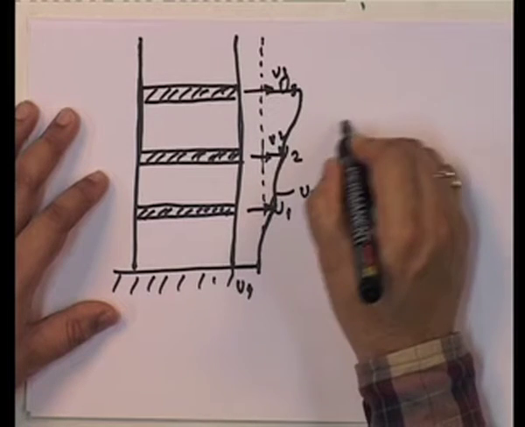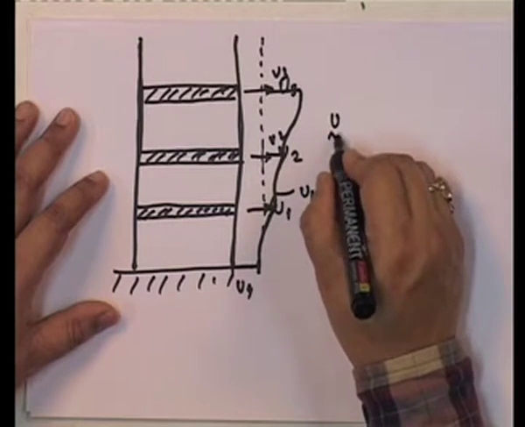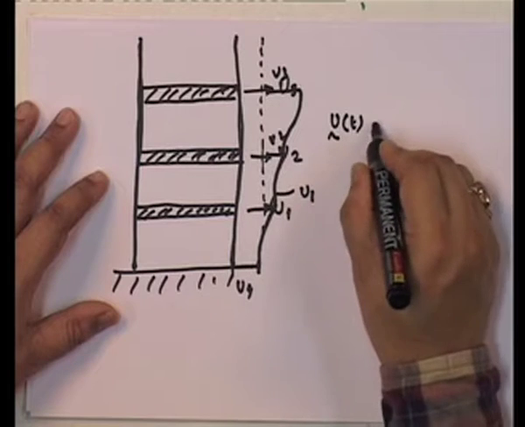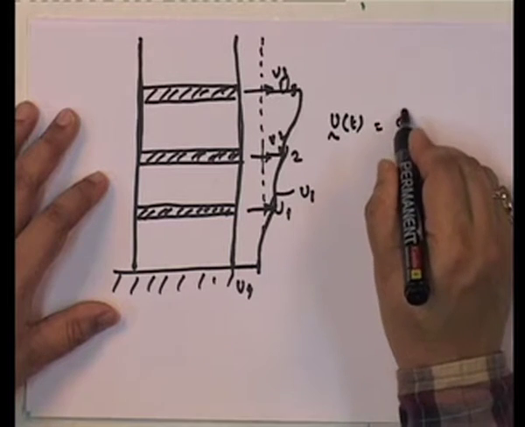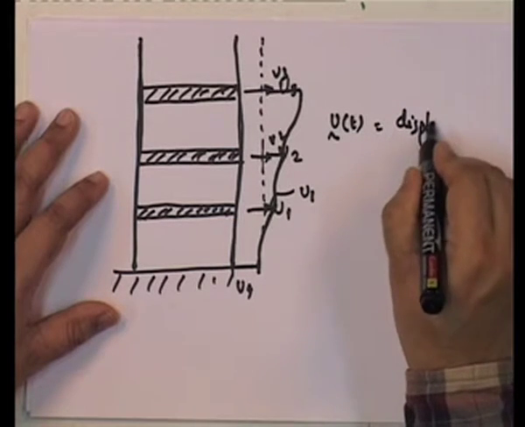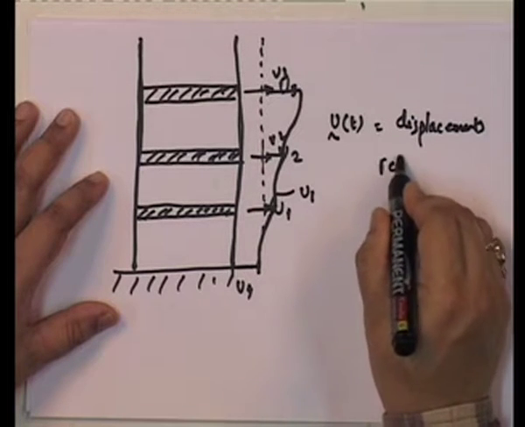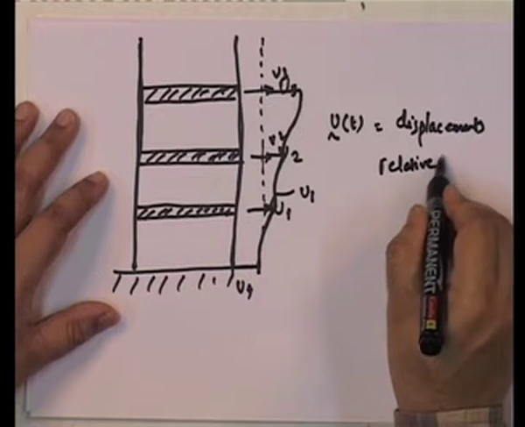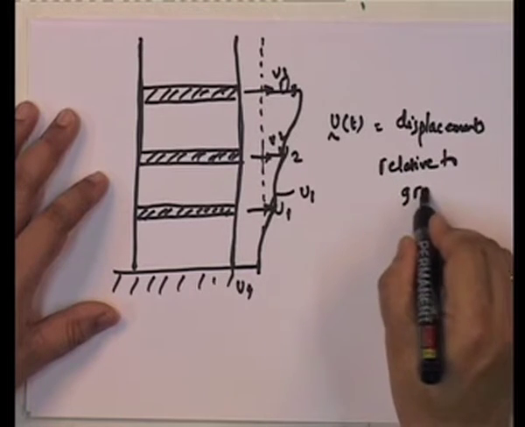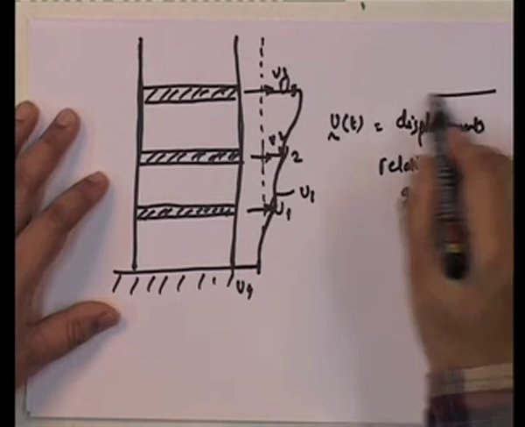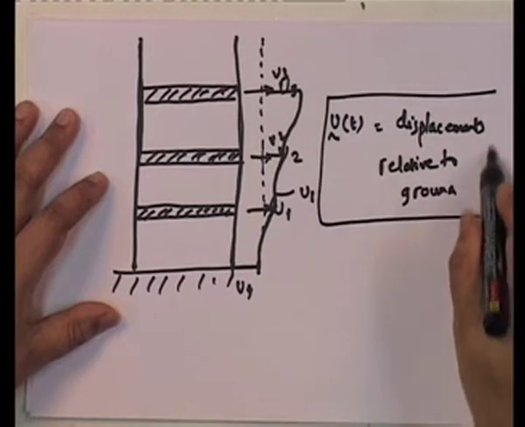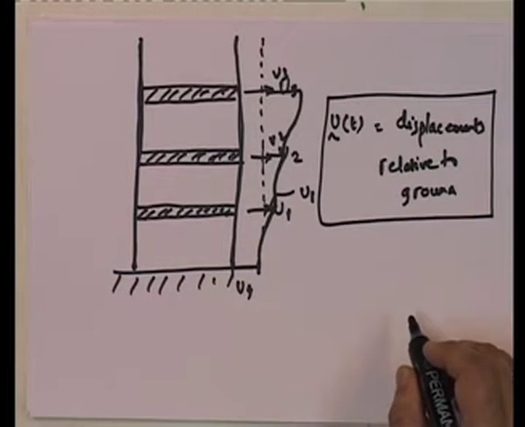Now, V1, V2, V3, the way they are defined, this V of t is actually displacements relative to ground. Okay. So, this is how we define the displacements relative to the ground.